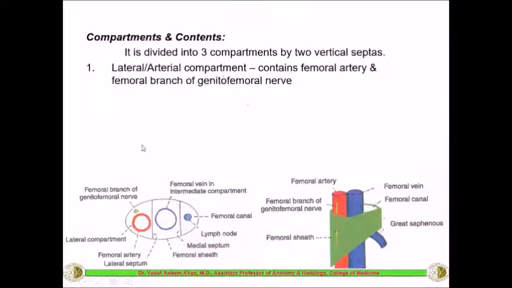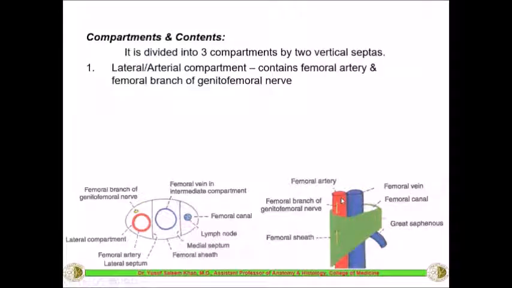The first or the most lateral compartment is also called as the arterial compartment, consists of the femoral artery. Because of the femoral artery presence, that's why it is called as the arterial compartment, or it is because it is on the lateral side, that's why it is called as the lateral compartment. Here also you can see the same structures.